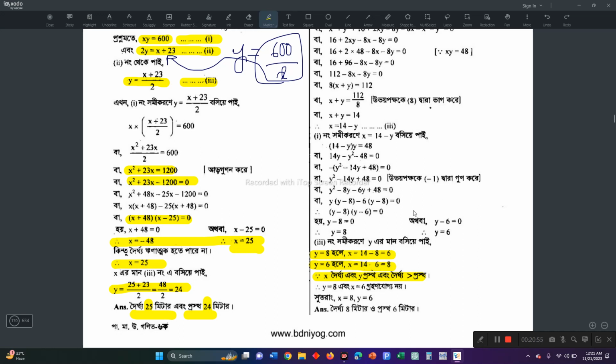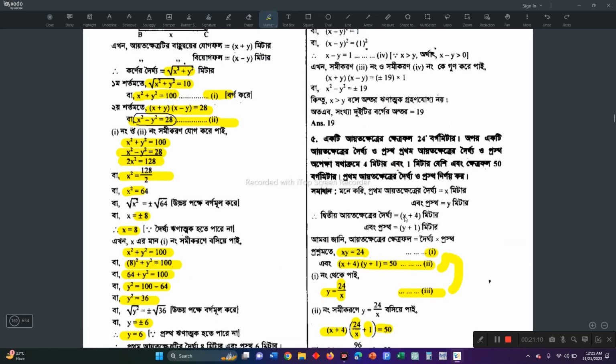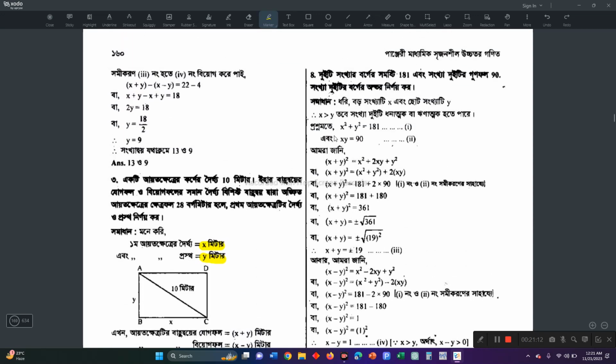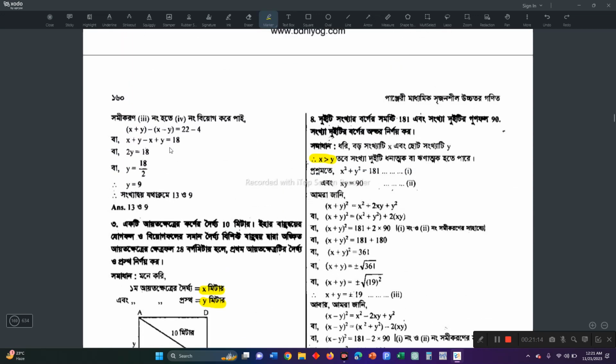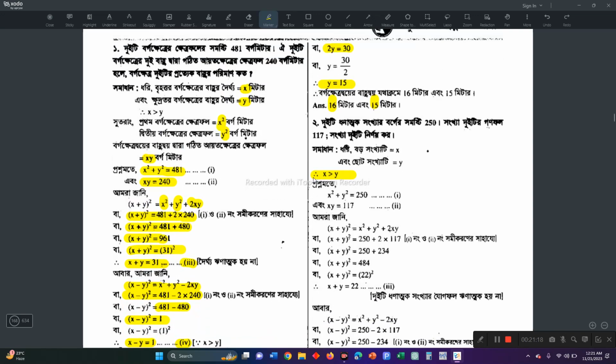As we first mentioned, x is the length and y is the breadth. So length is always greater than breadth for a rectangle, and the value of x will always be greater than y. Whenever there is a condition for a rectangle, you have to mention that x is greater than y.